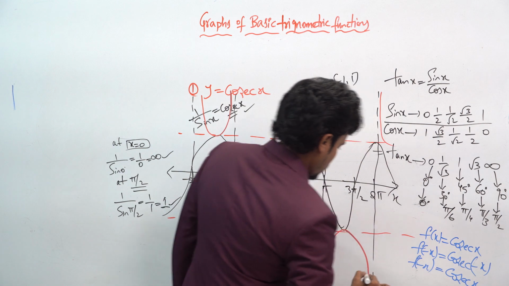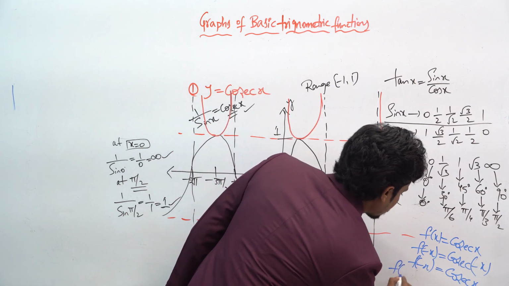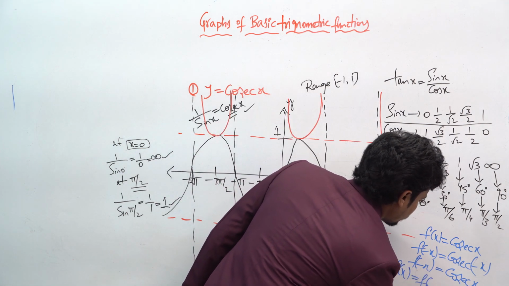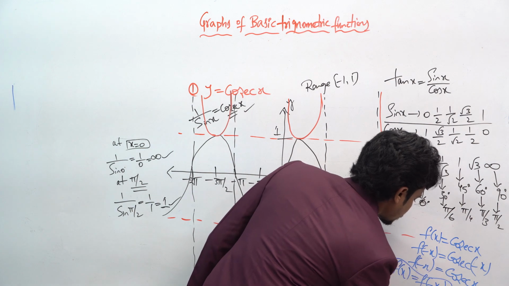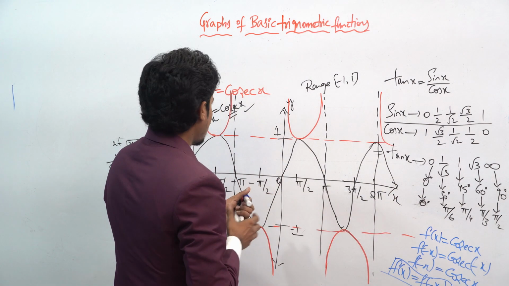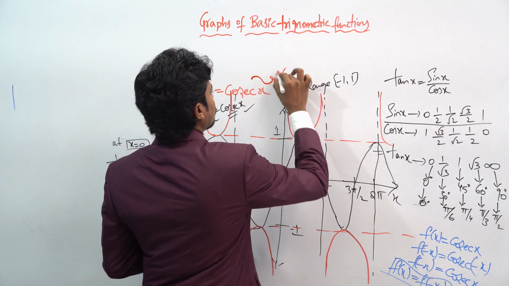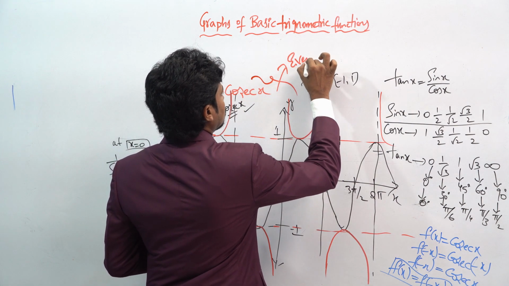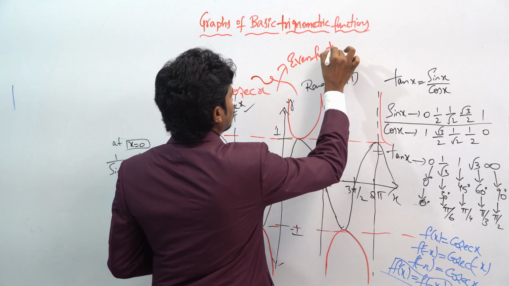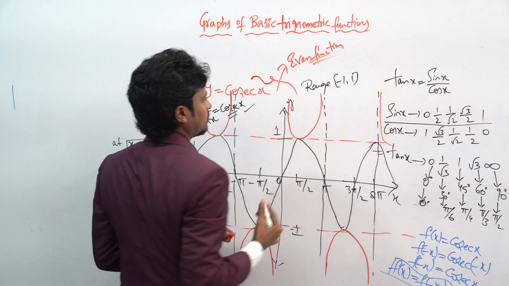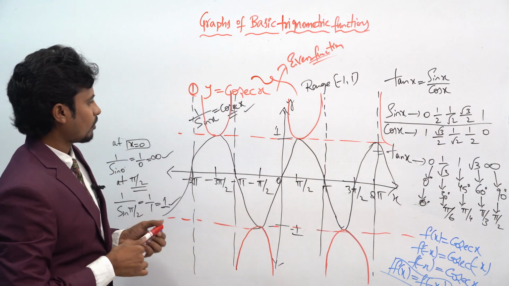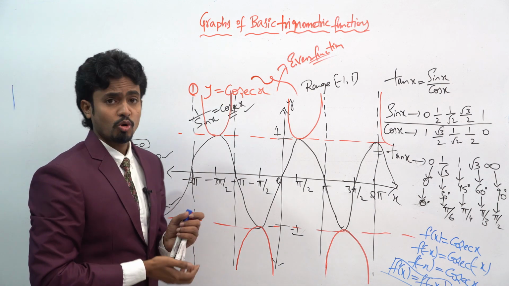So here you can observe f of x is equal to f of minus x. This was our conclusion. So hence cosecant of x is an even function. Okay, this was the plot for cosecant of x.